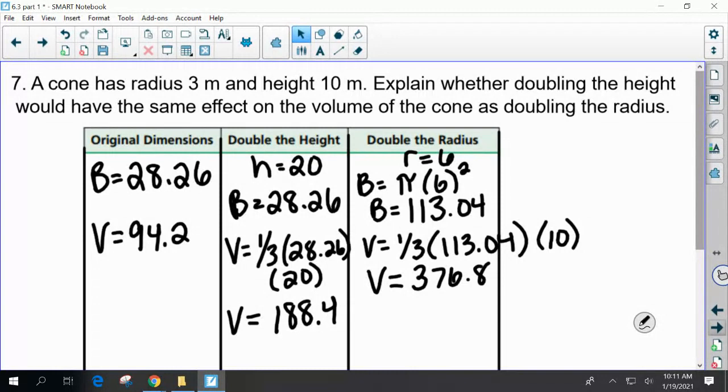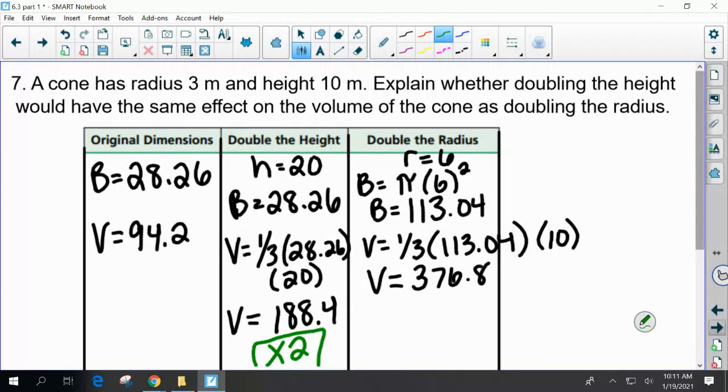Okay. So take a look at these numbers and try to figure out what do the volumes have to do with each other. Oh, 2 times each one was. Okay, so doubling the height is 2 times the original volume. So doubling the height doubled the volume.